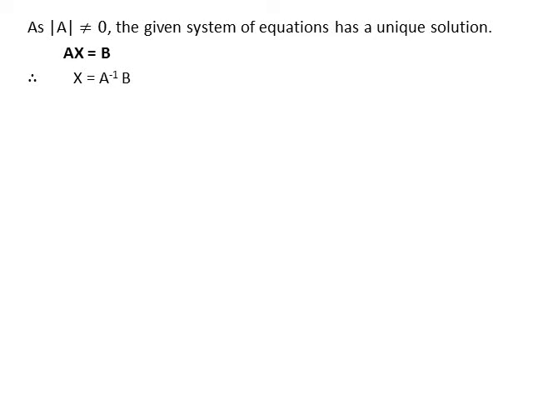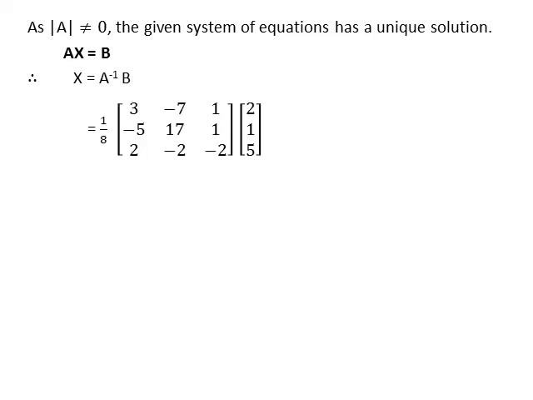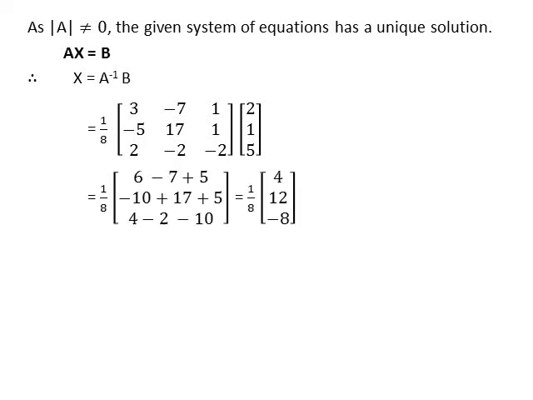In place of A inverse, write the matrix already obtained, and in place of B, write the column matrix with elements 2, 1 and 5. Write 1 by 8 as it is and take product of these two matrices as shown here. After simplification, we get 1 by 8 multiplied by a column matrix of order 3 by 1 in which elements are 4, 12 and minus 8.